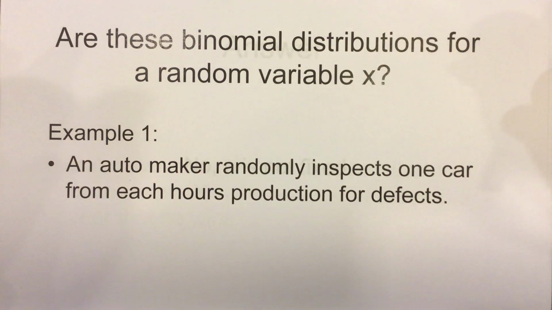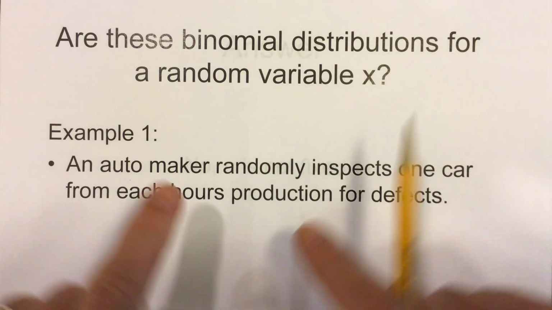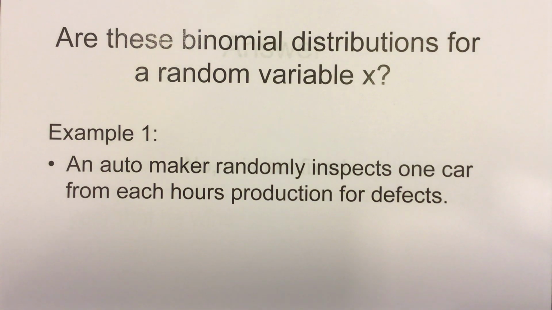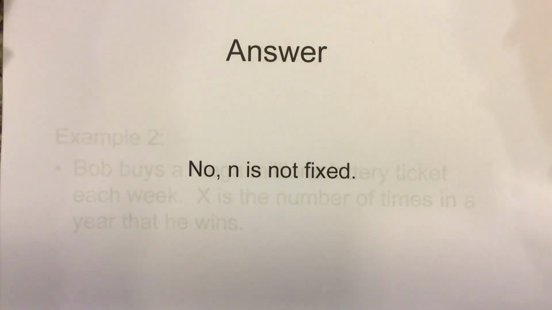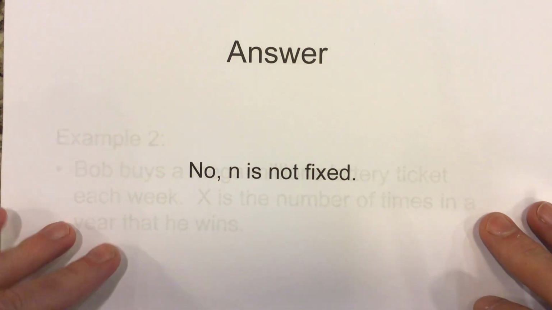Second criteria, you need a fixed number of observations. How many cars is this automaker going to inspect? One per hour, but how many is that? Right? It's not fixed. So this is not binomial. Okay, realize 1 per hour is not a fixed number, it's a fixed rate. All right, let's try another one.